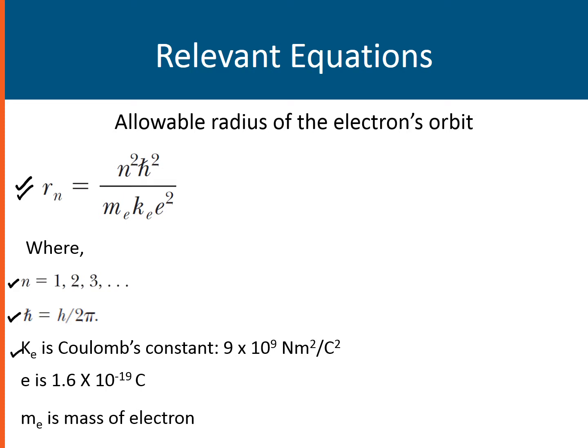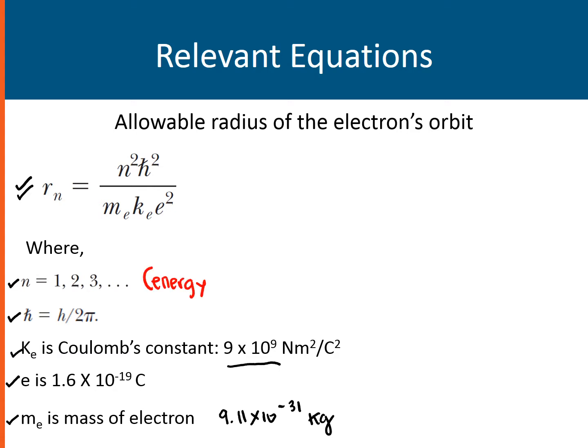Ke is the Coulomb's constant, and that is 9 times 10 to the power of 9 Newton meter square per Coulomb square. E is the magnitude of the charge of electron, 1.6 times 10 to the power of negative 19 Coulomb. And Me is the mass of the electron, that is 9.11 times 10 to the power of negative 31 kilograms. Also, I would like to point out that the n here is actually the energy level.